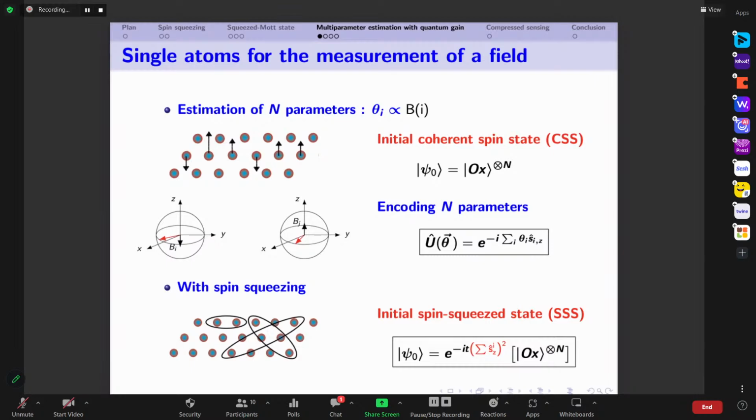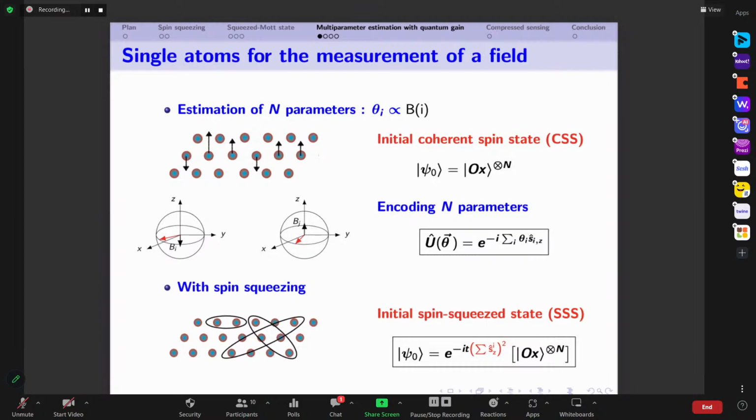So I prepare all my single atoms pointing in the direction X, and then they will precess locally according to the local field. And so the parameters I want to estimate are these phases of precession, which give me information about the local field. I want to map the field in this way.